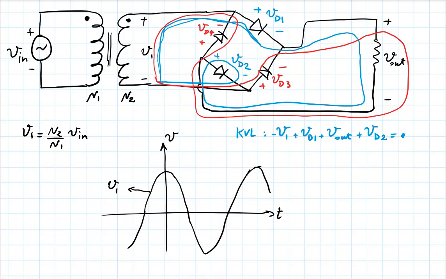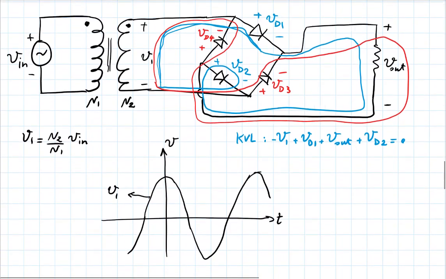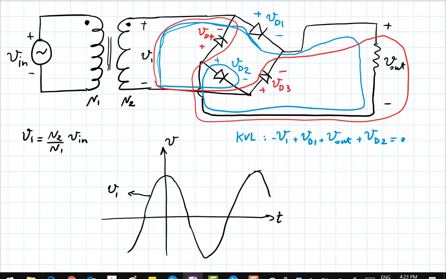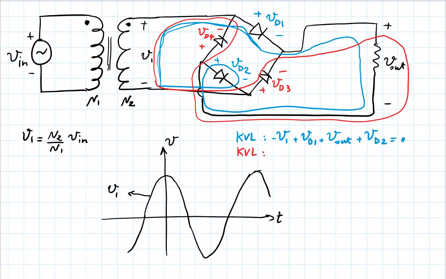I hope you followed that pattern. If I do it like this, I'm getting another KVL that says minus V1 minus VD4 minus Vout minus VD3 is 0.